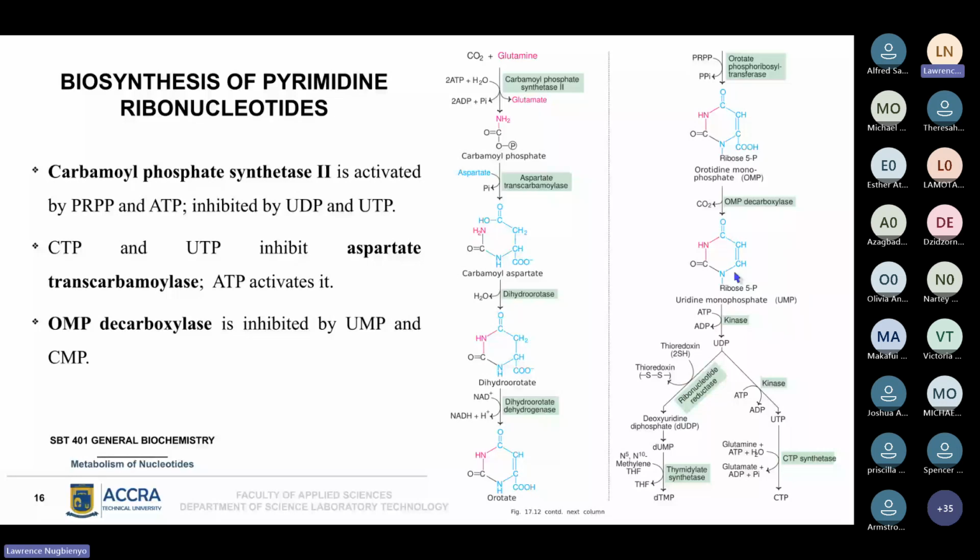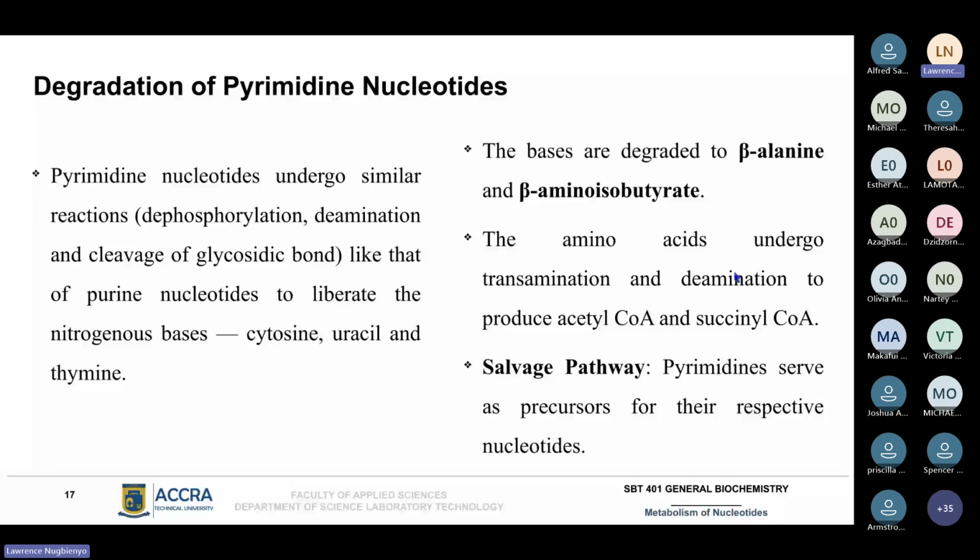Now, so that was about synthesis of these pyrimidines. Now the degradation. So again, the degradation of these nucleotides is similar to what happens with the degradation of purine nucleotides. Same processes of dephosphorylation, deamination, and also the cleavage, the breakdown of the glycosidic bond, which is between the sugar and the nitrogenous base, so that you have the components separated.